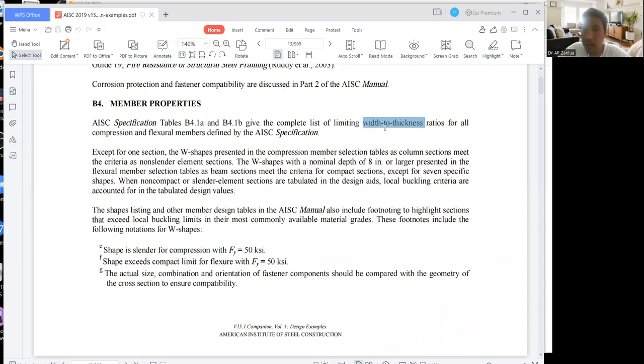Okay, width to thickness of the element. So we need that ratio, meaning you have to measure the width, you have to measure the thickness, then divide. Okay, so divide the width by the thickness.